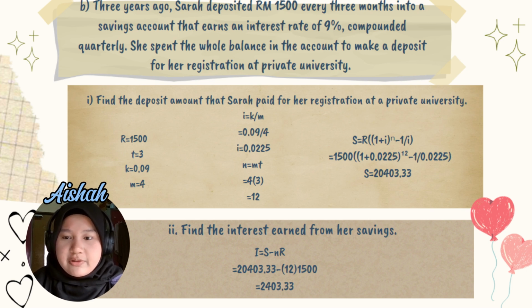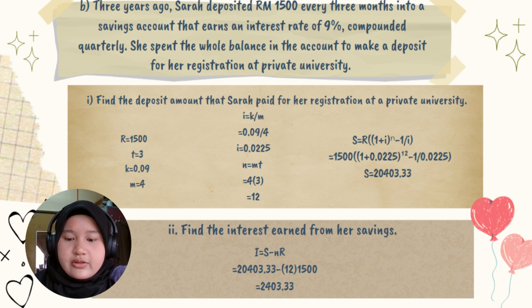The answer is 0.0225. Then we need to find the number of interest periods, which is the formula n equals mt. m is 4, t is 3. The answer is 12.